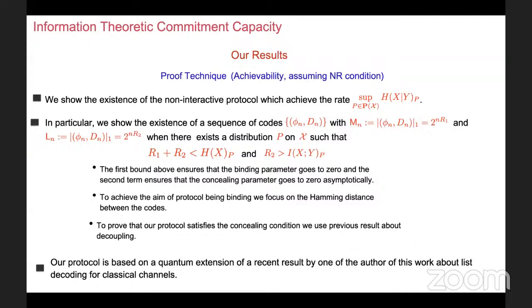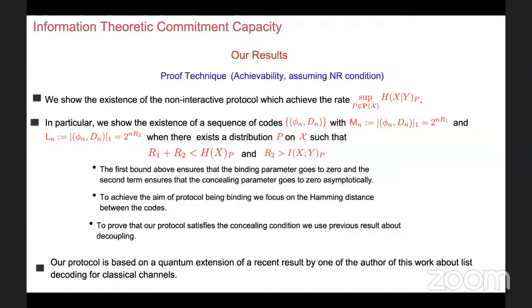So this upper bound on the sum rate ensures that the Hamming distance between any two pair of codes would be bigger than a certain threshold, because of which Alice will not be able to cheat. And the second criterion you would expect from any wiretap-type channel result is the concealing property, and it comes from many standard results using decoupling.